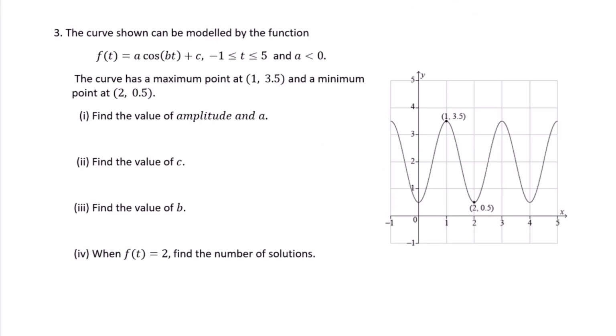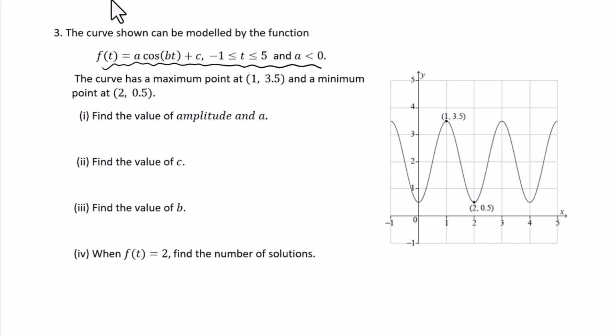Go to question 3. The curve shown can be modeled by the function f of t equals a cosine bt plus c, t greater than or equal to -1, less than or equal to 5. A is less than 0.